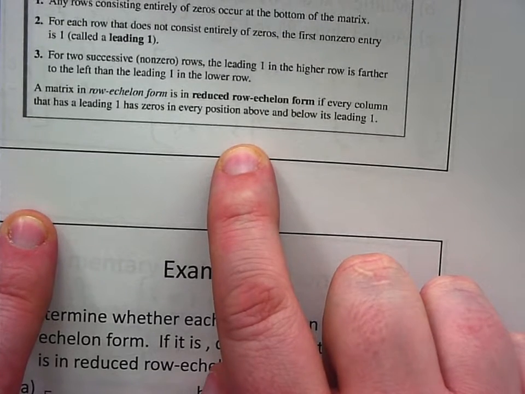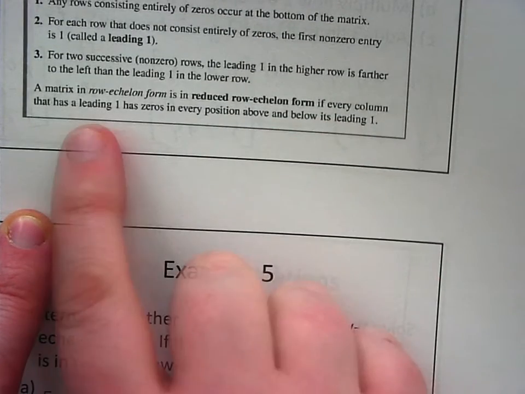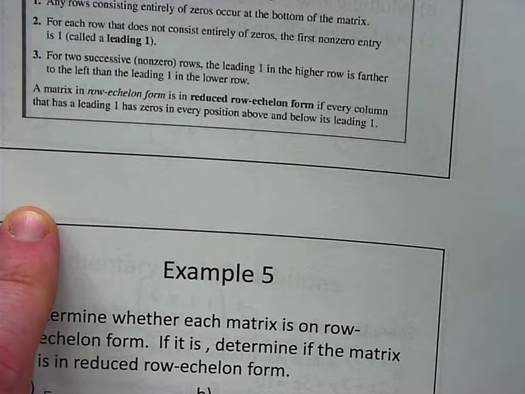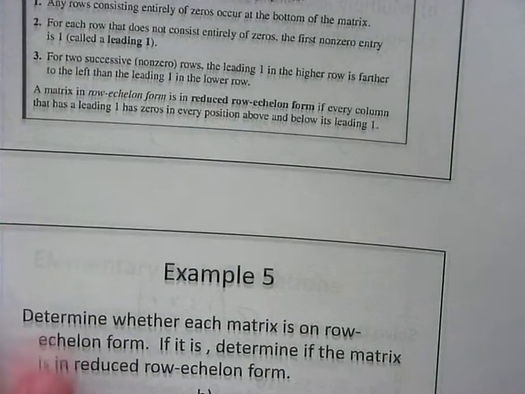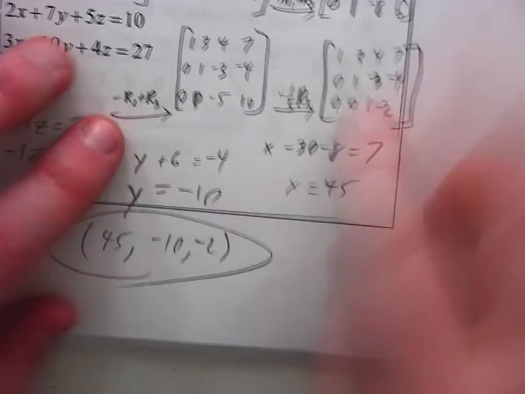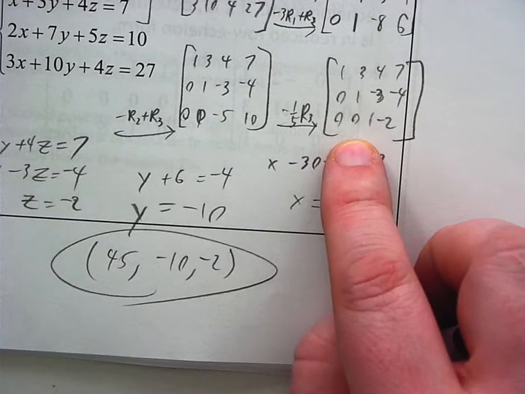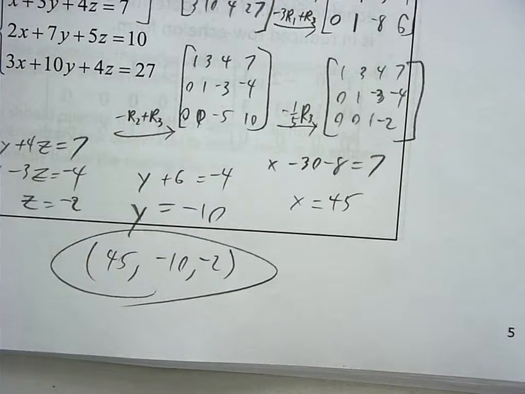Reduced echelon form goes one step further with it. It makes it so for every column that has a leading 1, there's nothing but zeros above it as well as below it. Now, going back to this one, this is only to row echelon form. It has leading 1s in all rows, and there's zeros below them. What it doesn't have is zeros above them as well.